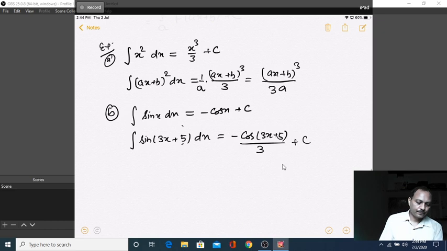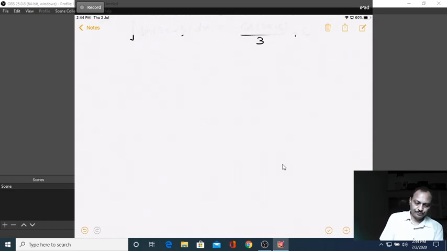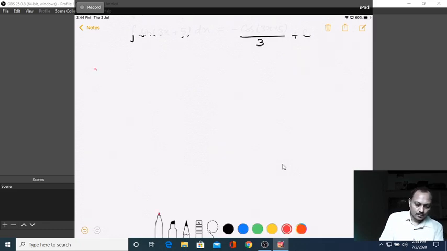Is it clear? I am taking some more questions. Now, one question is here: integration of 1 upon 1 minus tan x.